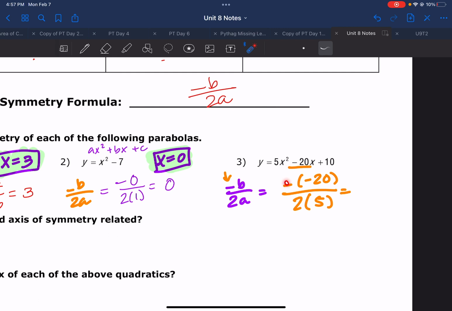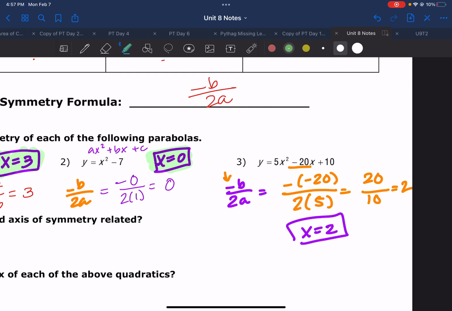Up top, a negative times a negative 20 is just going to be 20. And then 2 times 5 is 10. What does this simplify to? 20 over 10 is 2. Remember, axis of symmetry is an equation, so it's x equals 2. Bam, bam. All done.